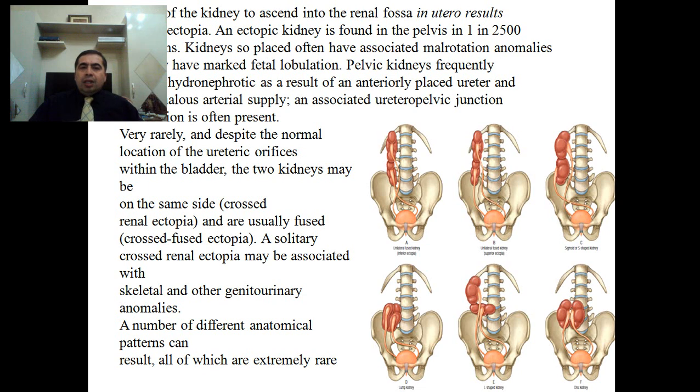At the age of 1, at the age of 7, at the age of 14 the renal cortex develops better, and the surface of the kidneys becomes smooth. Pelvic kidneys frequently become hydronephrotic as a result of an anteriorly placed ureter and anomalous arterial supply. An associated ureteropelvic junction obstruction is often also present.